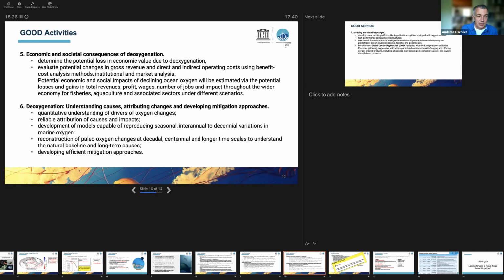And then a scientific activity to better understand the causes and also attribute any changes to anthropogenic and natural processes. This is the core of activity 6, and hopefully we will then be able to deliver scientific presentations like the first one we've seen today in a few years' time.